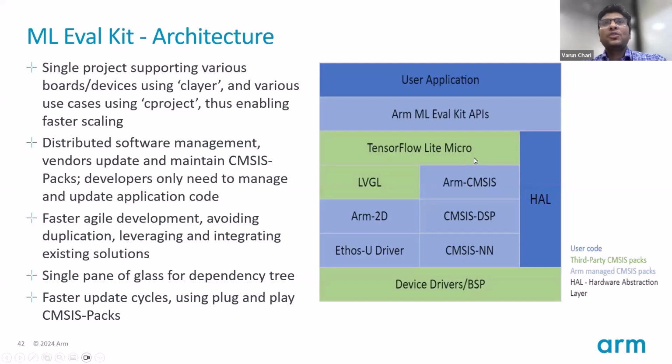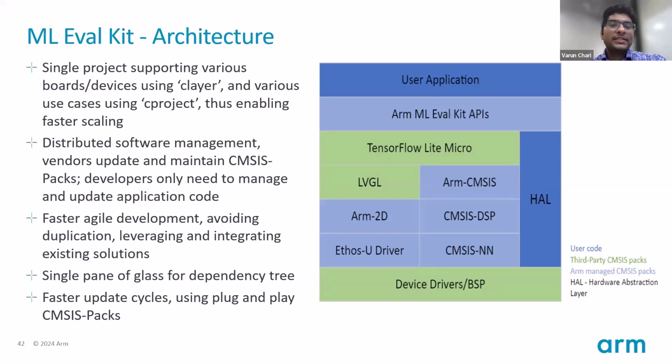TensorFlow Lite Micro can use Arm CMSIS to accelerate the operators on an Arm-based platform, or it can also use something called the Ethos-U driver, which targets the NPU if you have an NPU in your system. You can use CMSIS-DSP for some digital signal processing, Arm-2D to do some graphics, LVGL to do some graphics too, and then the device support package from your silicon provider can be used to interface with all these components using the user application.